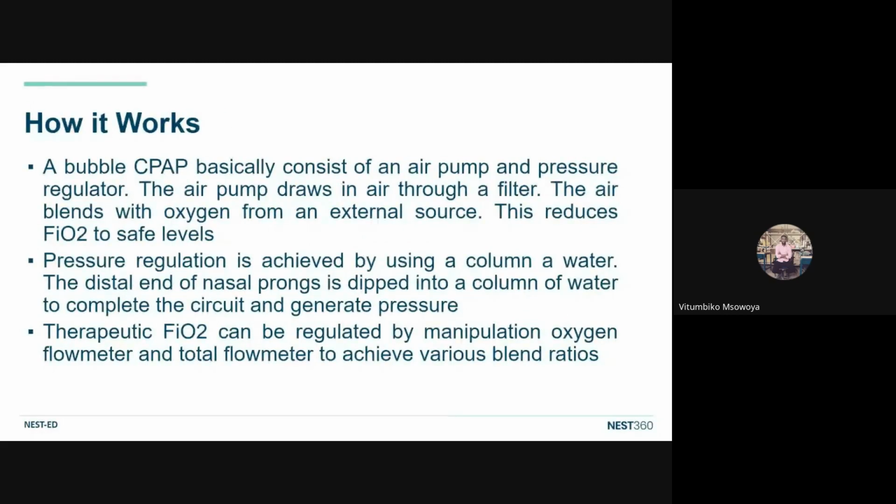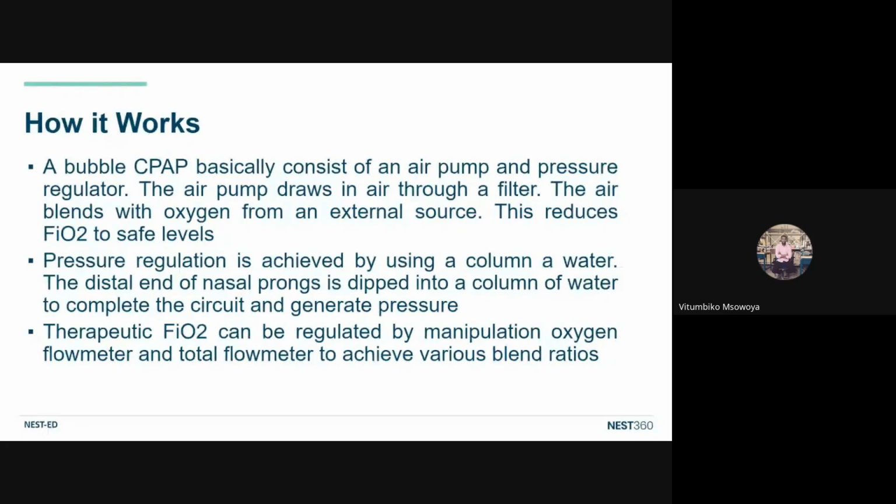A bubble CPAP basically consists of an electric air pump and a pressure regulator. Two aspects there: the air pump and the pressure regulator, which is the bottle. The air pump draws in air through a filter. We'll appreciate in the next slides how this air pump works. This reduces FiO2 to safe levels.